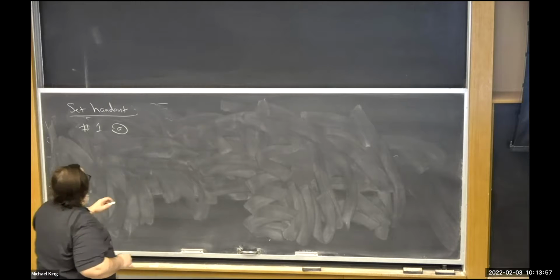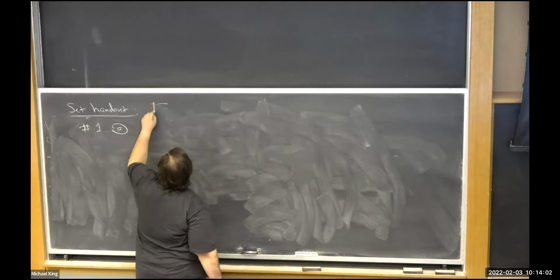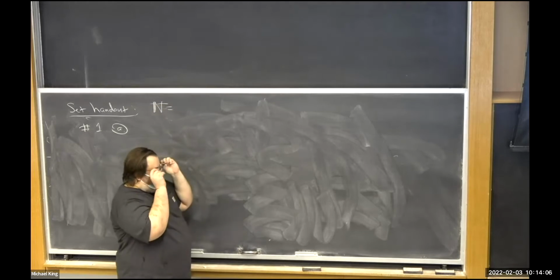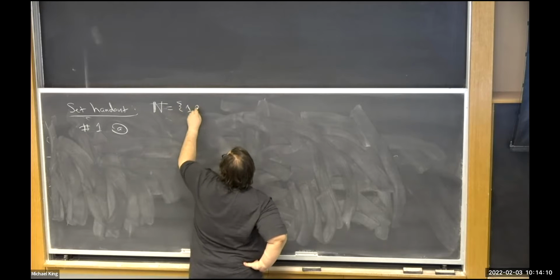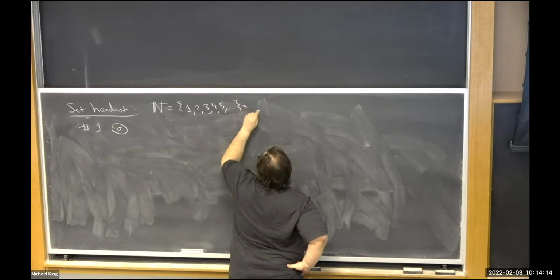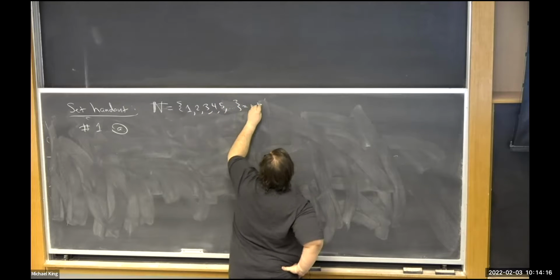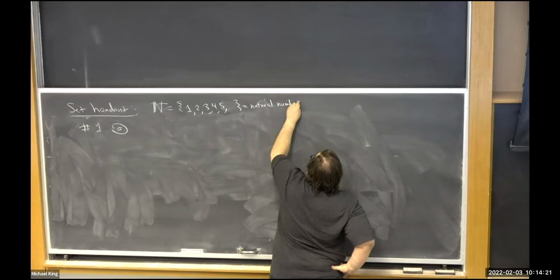One thing I had neglected to mention explicitly last time is that we have all these sets, right? We have Z for the integers and Q for the rationals and R for the reals. N is the set of whole counting numbers. Whenever I refer to N, that's what I'm talking about.